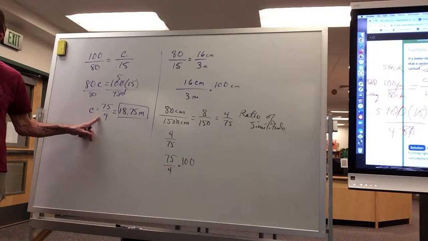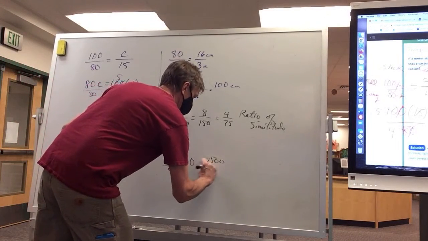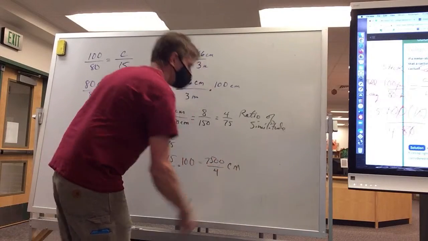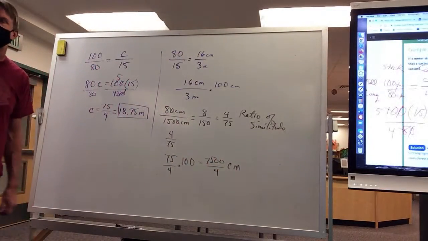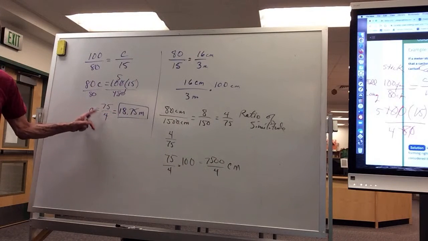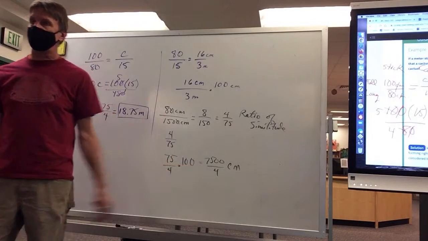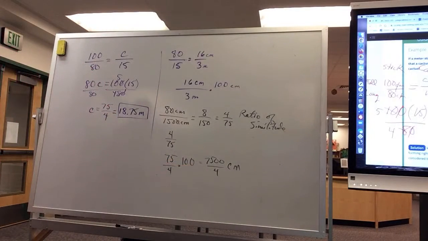This was meters. So it's just going to end up being that many centimeters. And then we can change it back to meters, and it's going to be the same number as this. So we have to divide by 100 to change it from centimeters to meters.